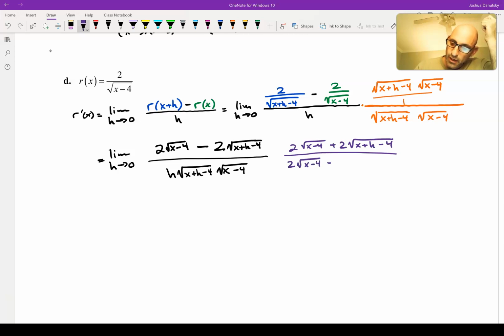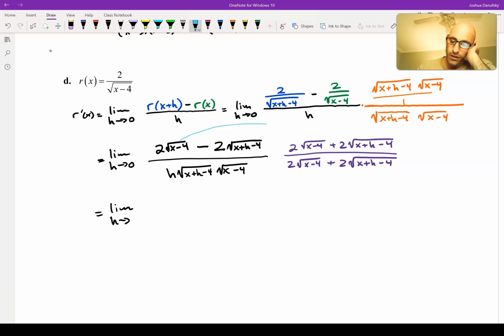And this thing's getting kind of cumbersome, but once we get through this next multiplication, the numerator will simplify, and then we'll be ready to cancel the h, and we'll be ready to take the limit. So we've got to go do a bunch of multiplication. So here, let's see.